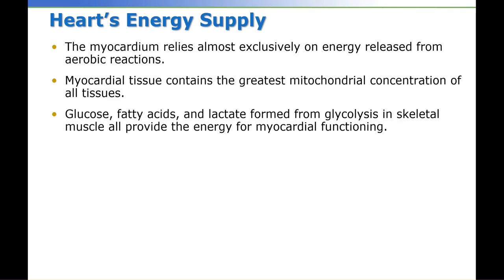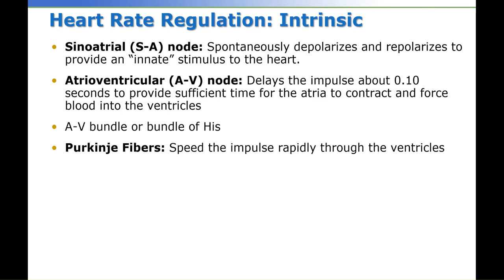Lactate is produced from anaerobic metabolism, where there is no oxygen, and then further down the chain you have cellular respiration, which has the highest degree of ATP production, and it comes from glucose, fatty acids, and lactate. In this instance, those provide the energy for myocardial functioning.